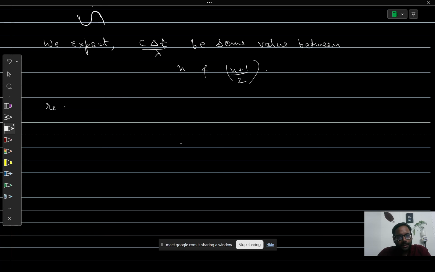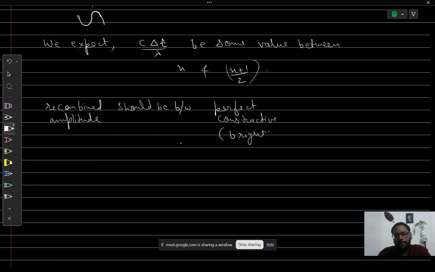So the recombined amplitude should be between perfect constructive interference, that is a bright fringe.